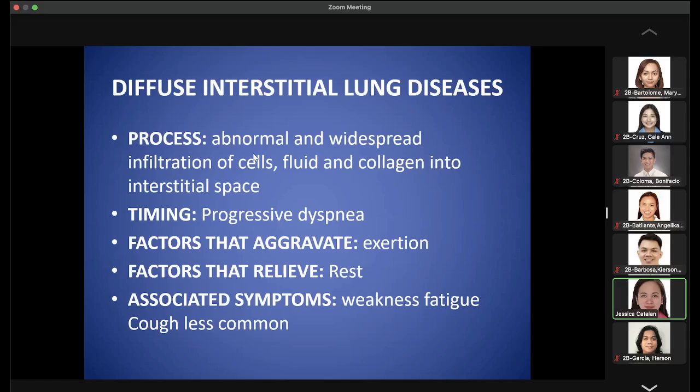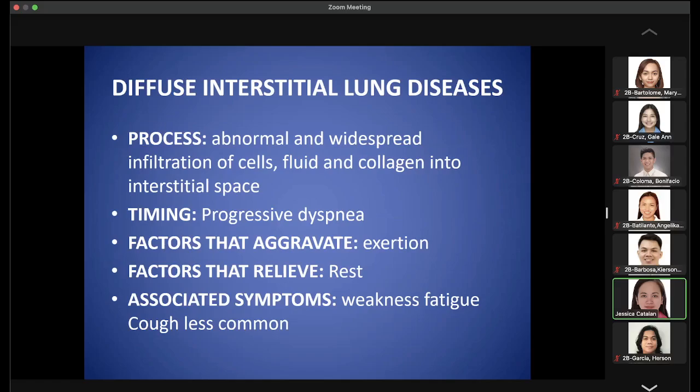So for diffuse interstitial lung disease, we are at the symptom of dyspnea, difficulty of breathing or shortness of breath. In diffuse interstitial lung diseases, the problem here would be the lung parenchyma itself. There is abnormal and widespread infiltration of cells, fluid, and collagen into the interstitial space.